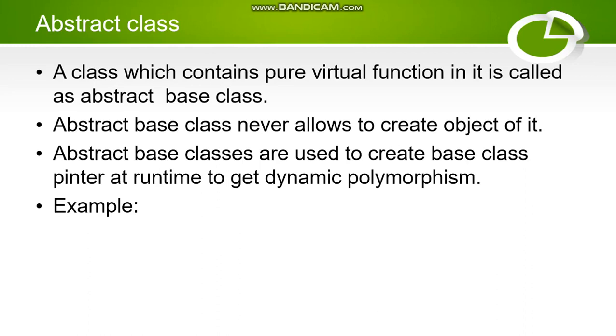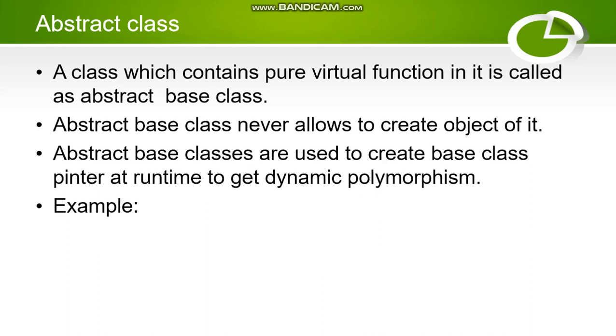Next, abstract class. Pure virtual function and abstract class are related to each other. A class which contains a pure virtual function is called an abstract base class. An abstract base class never allows creating an object of it.